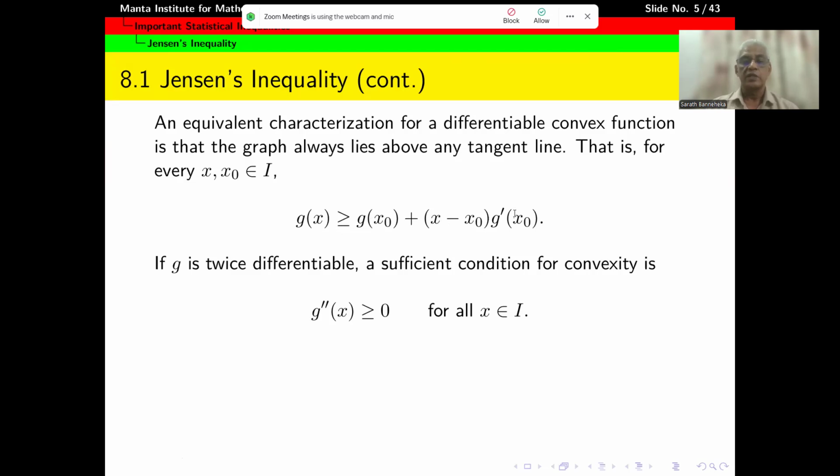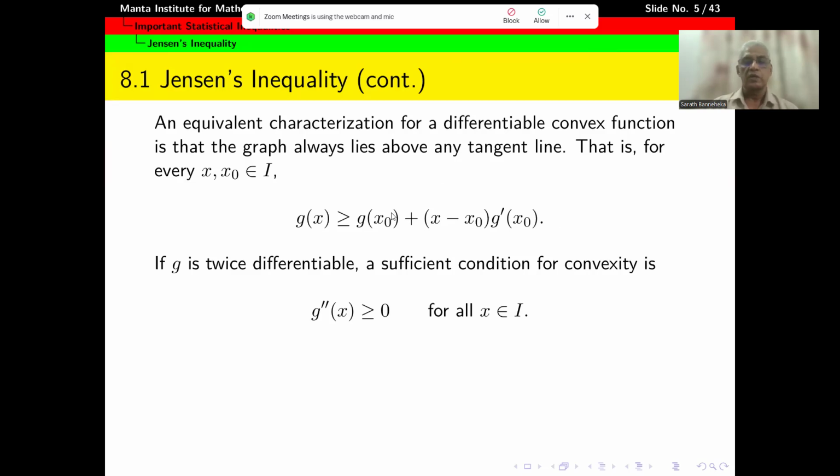This is the tangent drawn at x naught, calculated at value x. So g(x) is greater than or equal to g(x naught) plus (x minus x naught) g dash (x naught).